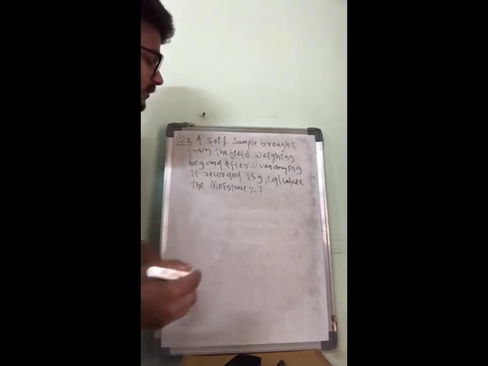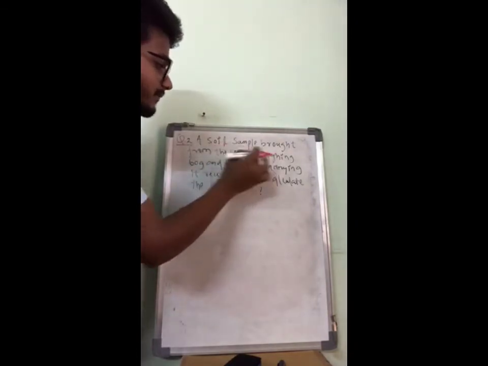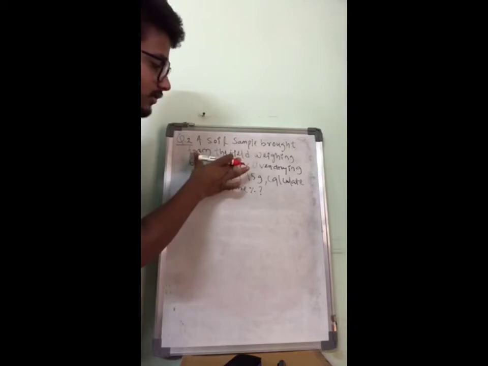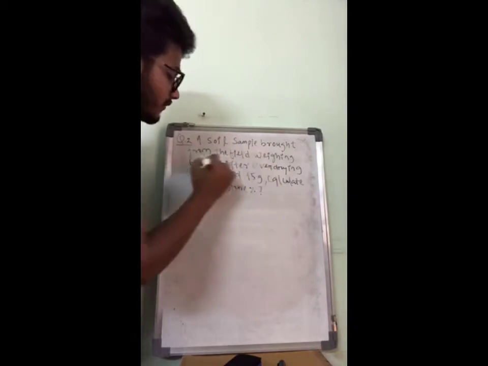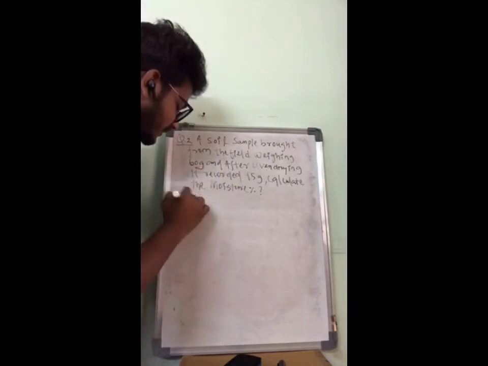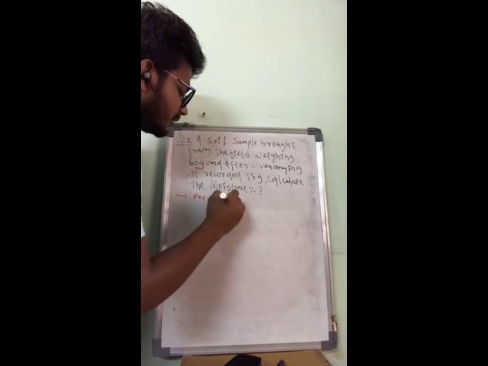Let's read: a soil sample brought from the field means it is the fresh weight. When it was taken from the field and weighed 60 gram, that is the fresh weight of the sample.